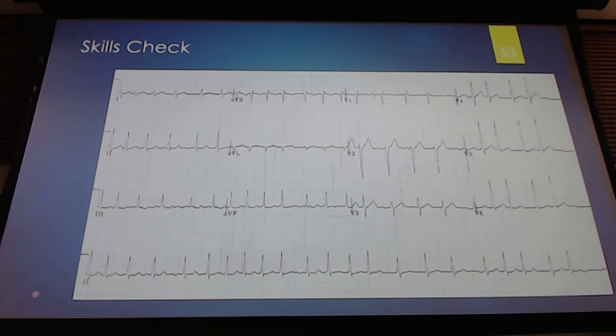So something like this, we don't see really good P waves. We see no flutter waves, no P waves here, and no P waves here, but we just see some stuff in between, and sometimes it's really ragged. On this ECG, you don't see a ton of scribbly marks in between. That's the nature of atrial fibrillation though.